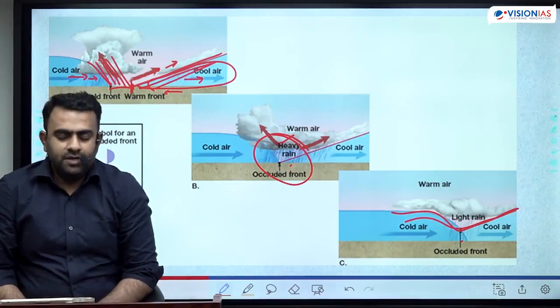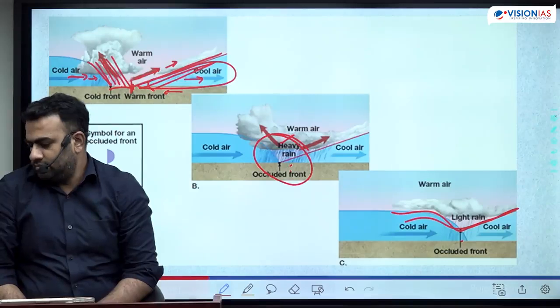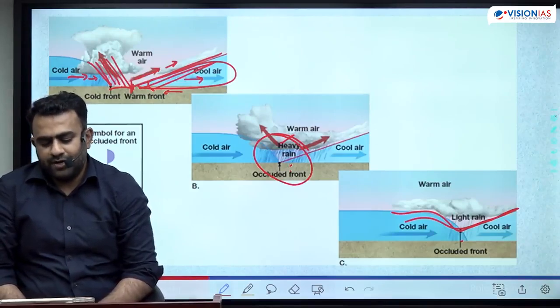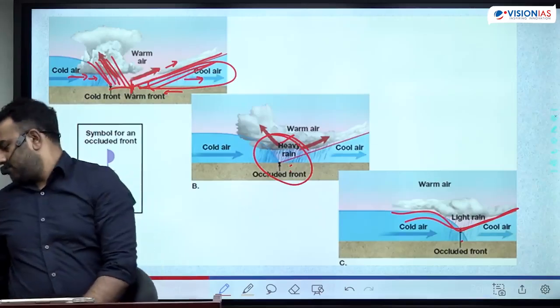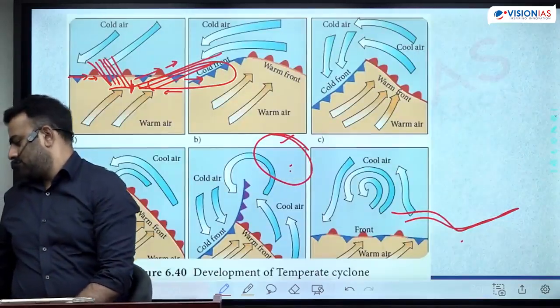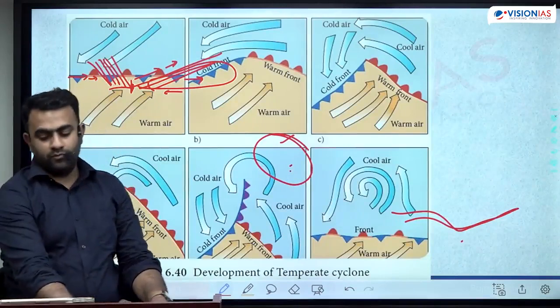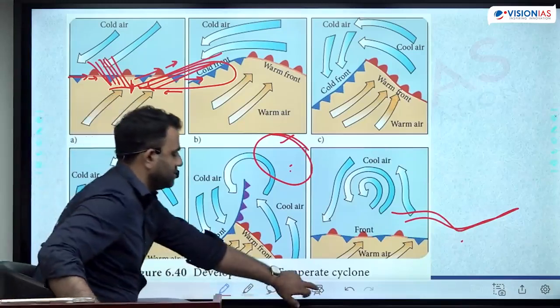Next point. It is a complex zone with both cold and warm front characteristics.